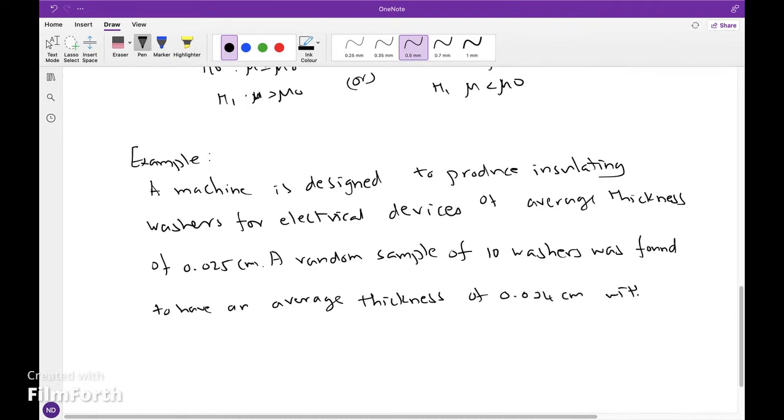with a standard deviation of 0.02 centimeter. Test the significance of the deviation.